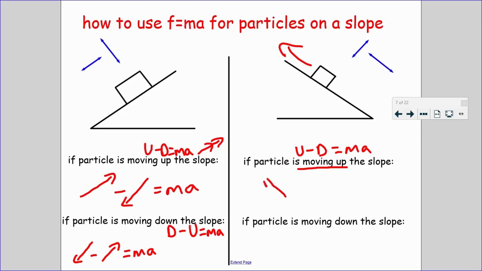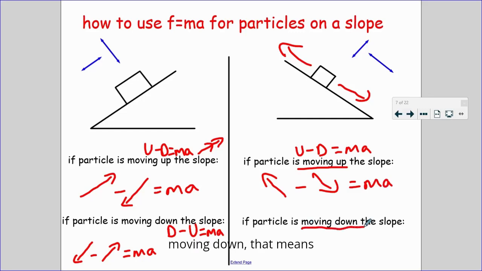So up minus going down means that way, right? And if you're moving down, that means down minus up equals ma. Yeah, so exactly same concept. It's just slightly different direction, which we will get used to.